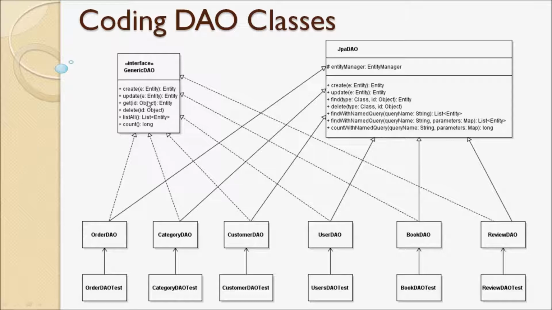These operations are create, update, read, delete, list all, and count. The count method returns the total number of entities or total number of rows in a table.